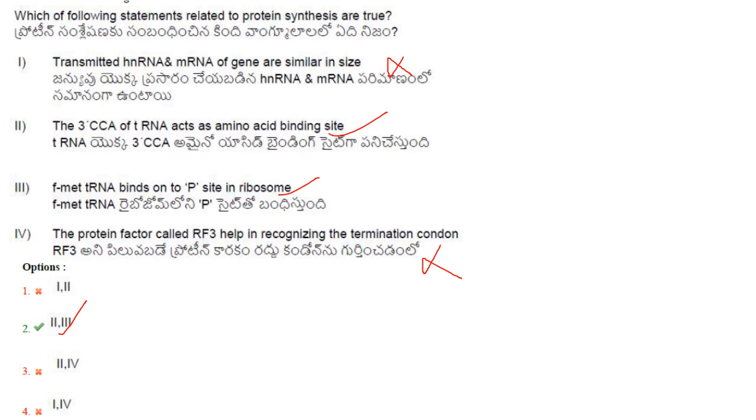RF1 and RF2 recognize the stop codon, and RF3 helps in the release of RF1 and RF2 from the ribosome, so they can be recycled to produce another protein. So the fourth statement is also not correct. So the answer here is option 2, that is 2 and 3.